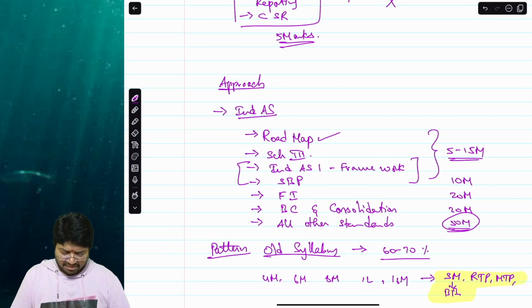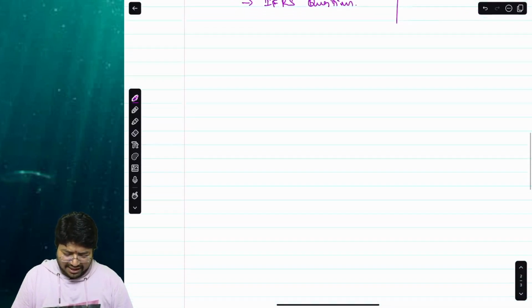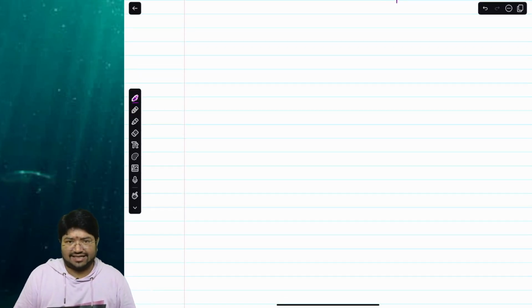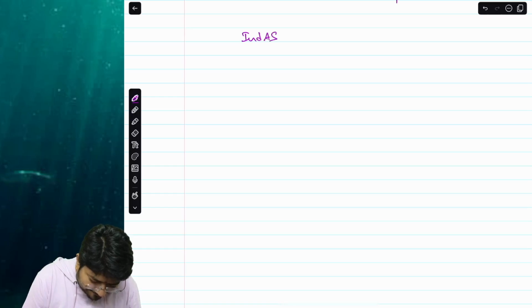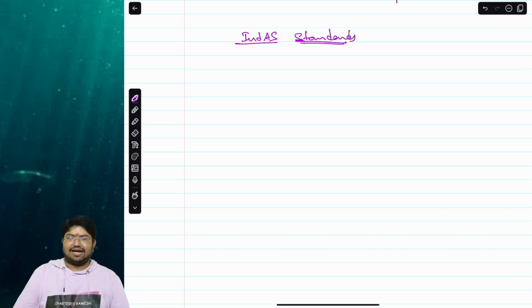In fact, before going into the roadmap, you should understand the sequence in which the standards exist for you in Ind AS. If you see, the Ind AS standards are broadly categorized into 3-4 heads.